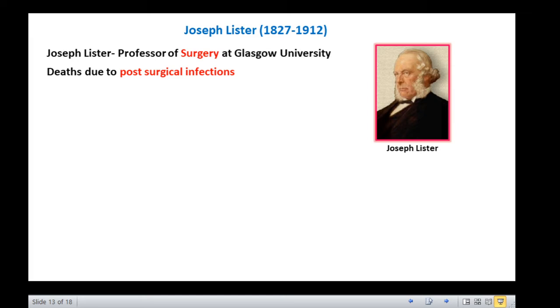Lister had read about Pasteur's work on how wine went bad because of microorganisms in the air. Lister wondered if the microorganisms in the air were also the cause of the infections which killed his patients after they had successfully survived surgery.